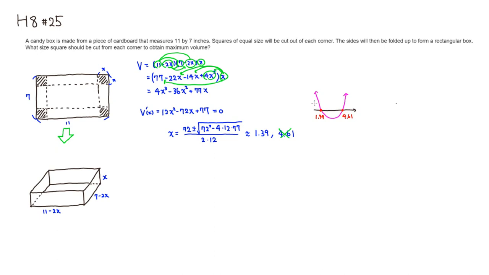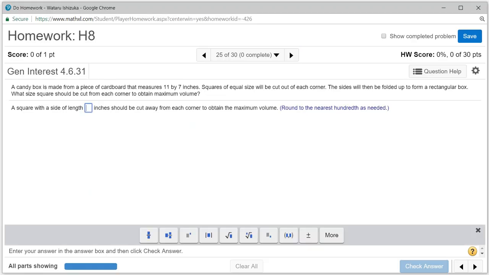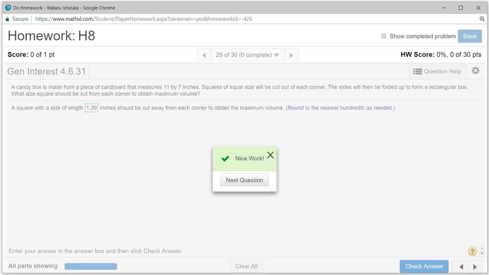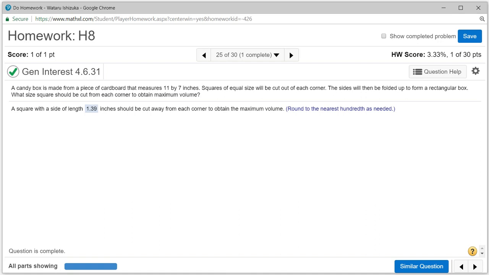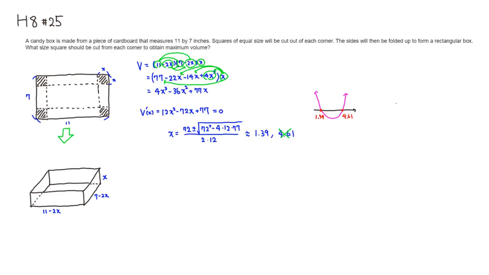So the derivative is positive before 1.39 and negative after 1.39, which means you're going to have a maximum here. So I think we know the answer is a square with a side length of 1.39 inches cut off. So check the answer. We got that. That's it. I hope that this was clear.